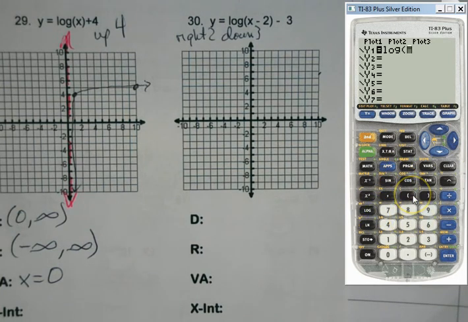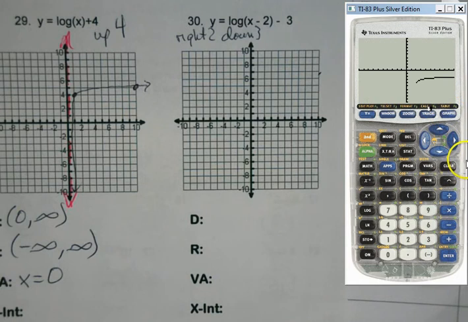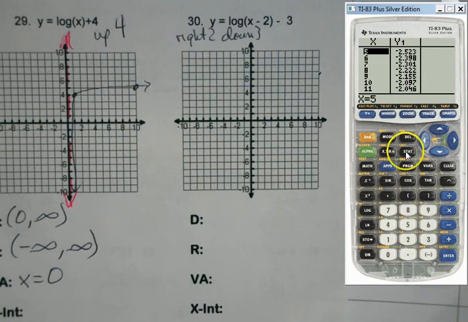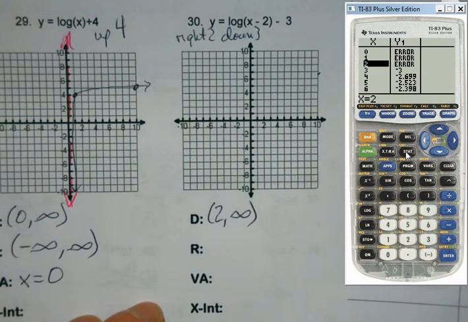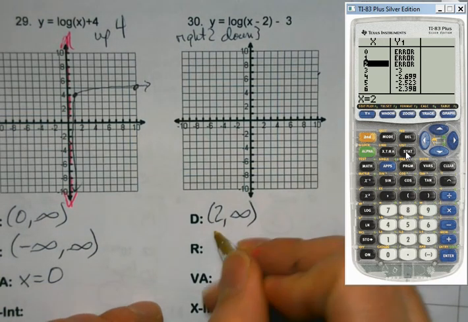Because now that left-right shift is going to make movement. That right 2 shift is going to move my domain right 2. So I look, and I'm like, ooh, 2 is where the error starts. So 2 to infinity would be my domain. Range still isn't going to change.